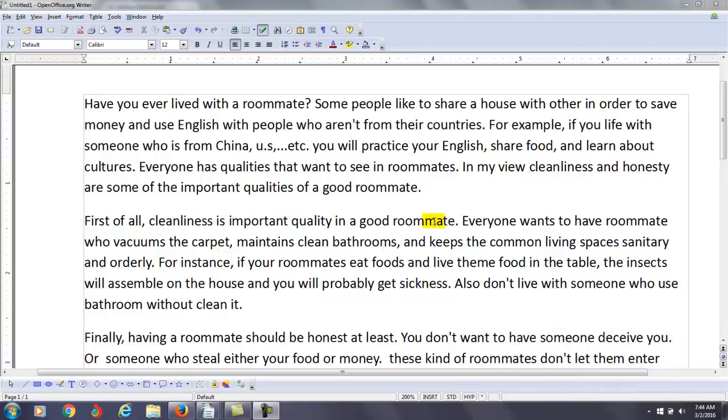Okay, so everyone wants to have a roommate who vacuums the carpet, maintains clean bathrooms, and keeps the common living spaces sanitary and orderly. All right, so this sentence is a little more specific than the one before.